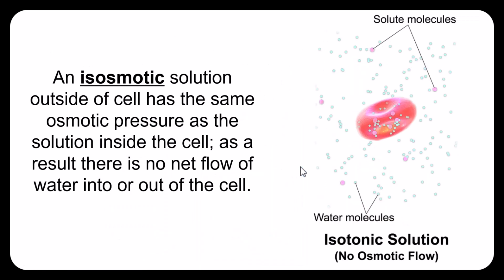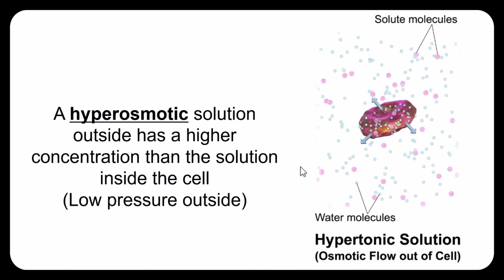Just another example, same idea. In a hyperosmotic situation, the solution on the outside has a higher concentration of solute particles than the solution on the inside. So high concentration on the outside, low concentration on the inside.